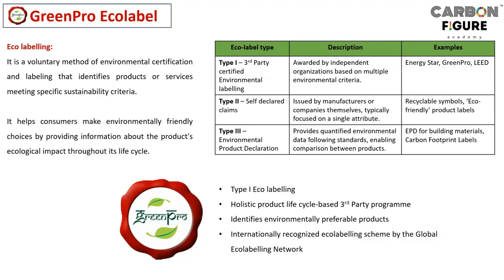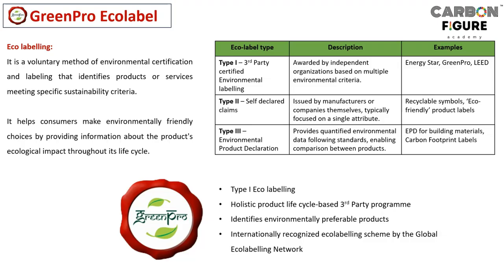The third party is a volunteer organization, awarding based on multiple environmental criteria. Examples are Energy Star from the US, GreenPro from India, and LEED sometimes, again from the US.